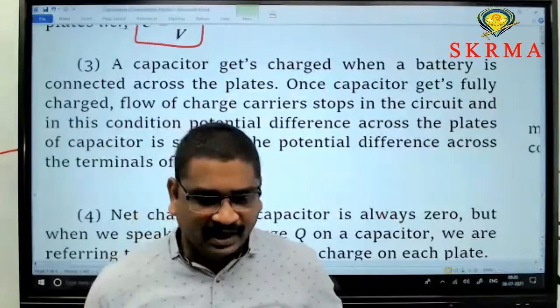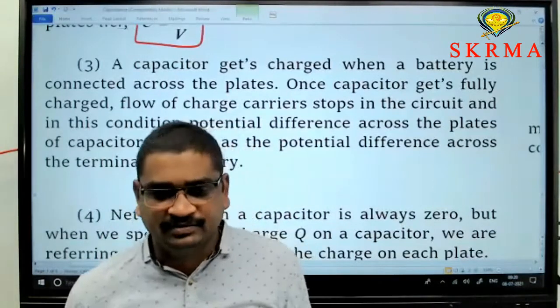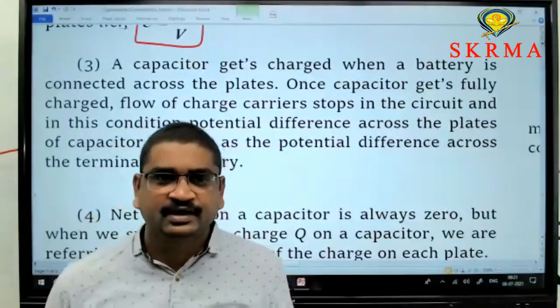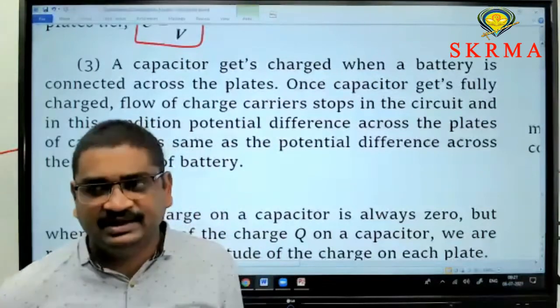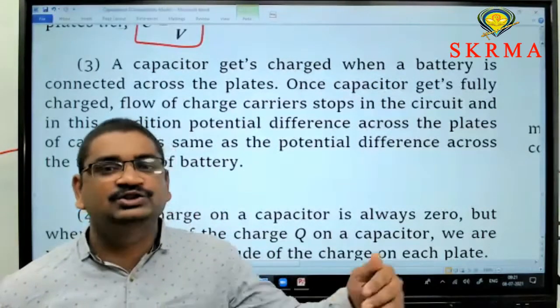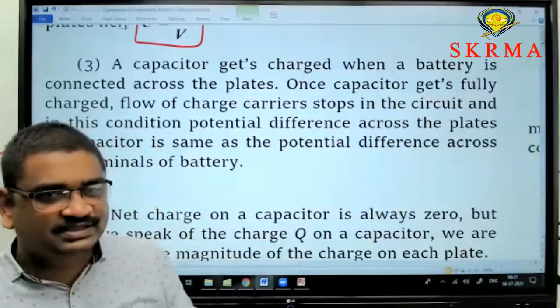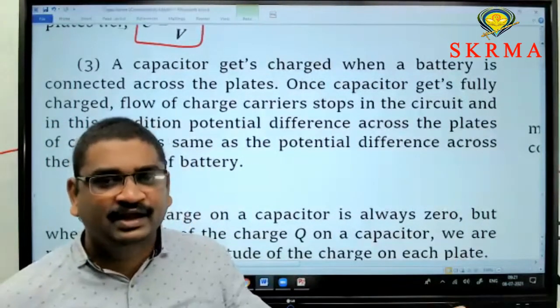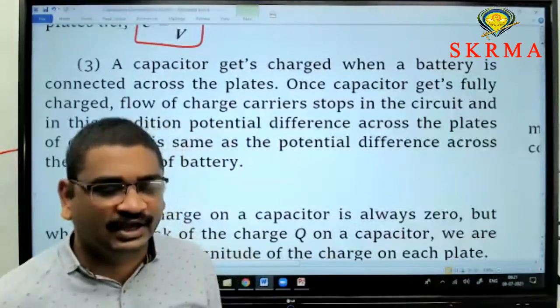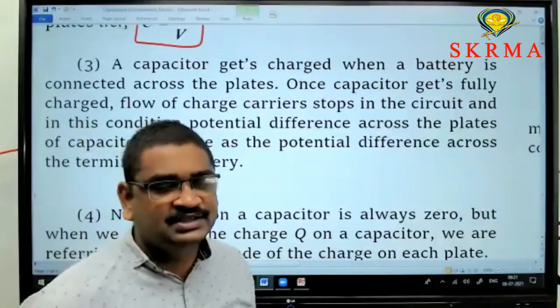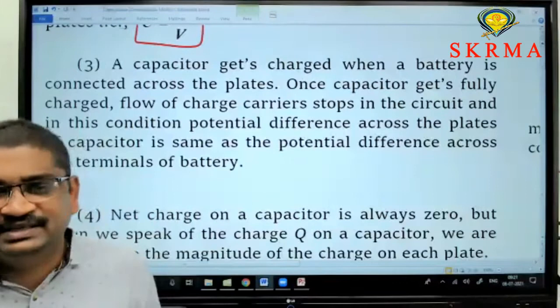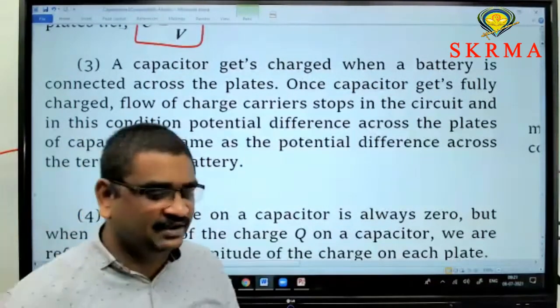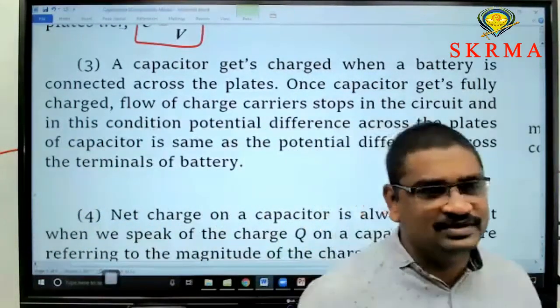So if you connect a battery to a capacitor, the capacitor is going to charge. Once the charging process is completed, the flow of charge stops in that circuit. The potential difference across the capacitor plates is the same as the potential difference across the terminals of the battery.